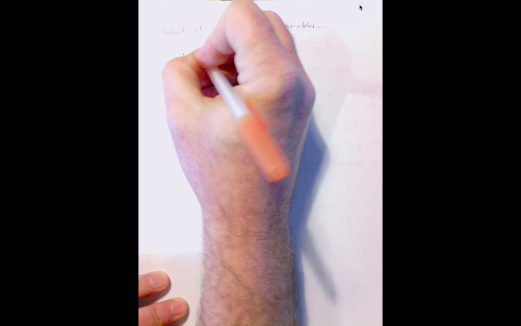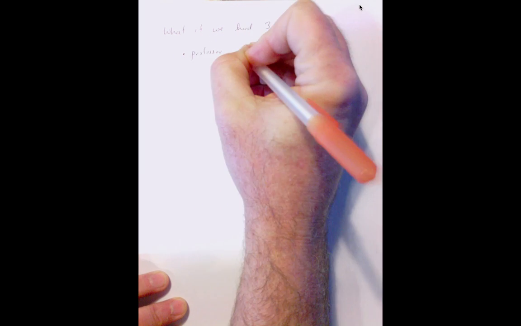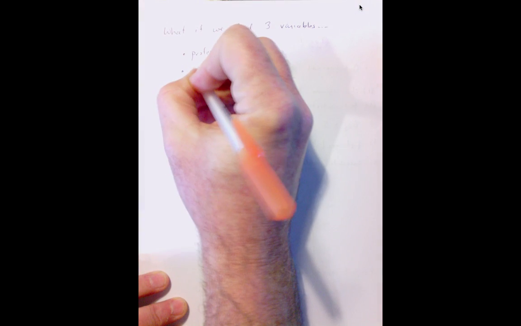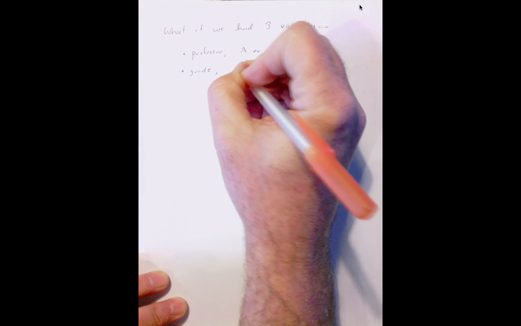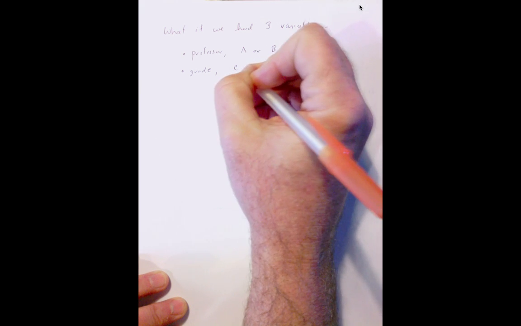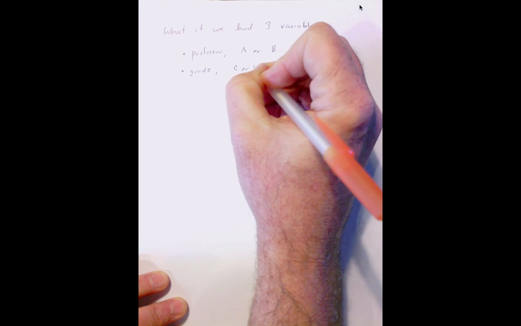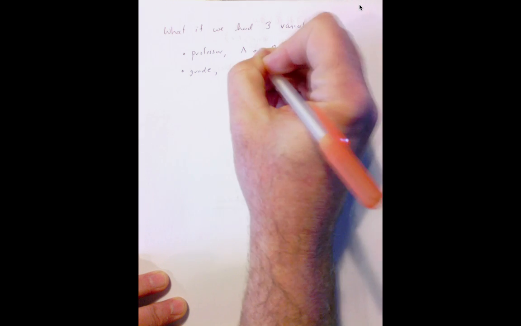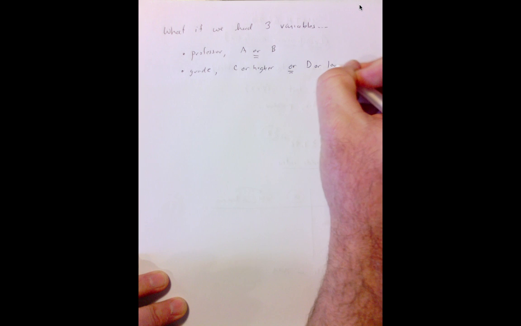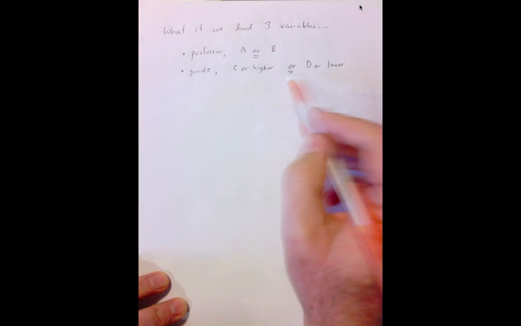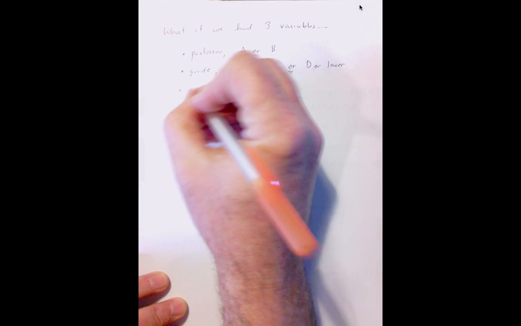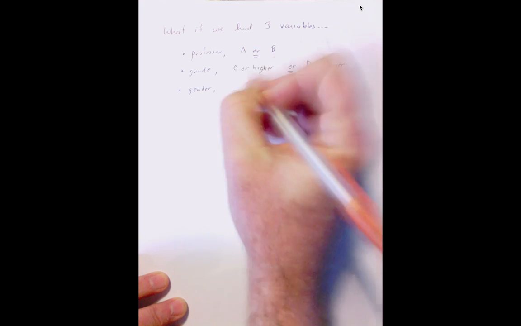Again, professor, A or B, grade, C or higher, or D or lower. So we've categorized things here. If I was going to do something like this, I would probably keep this quantitative, but it doesn't serve to illustrate what I want to accomplish here, because I want things to be categorical.